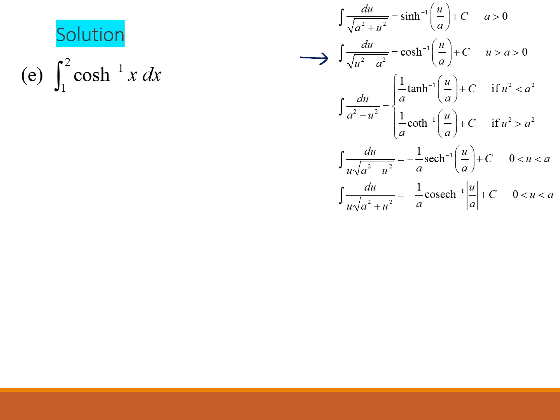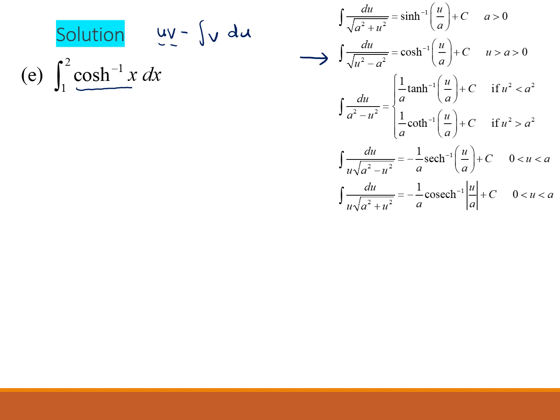So in order to do this, we have to use integration by parts, where the formula is uv minus integral of v du. So you have to choose which one should be u and which one should be v.